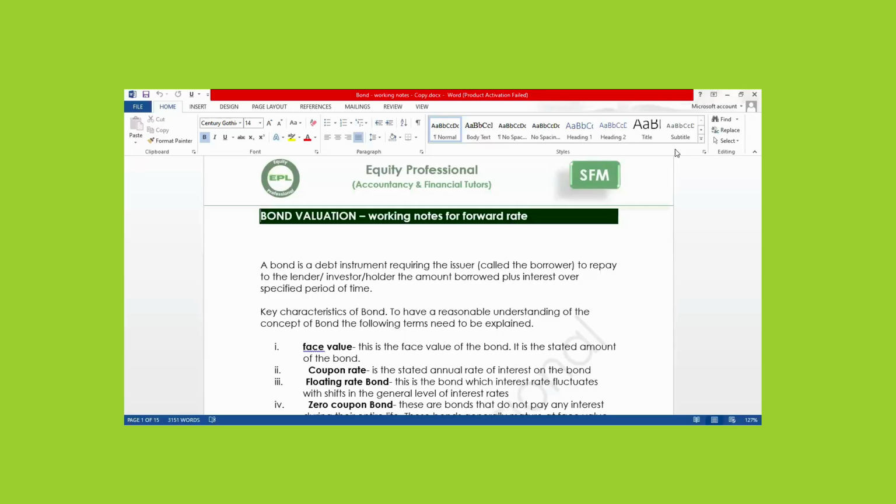If you look at that definition, there are two parties to bond contracts. A bond is a contract between the borrower and the lender. A bond establishes a legal contract between the borrower and the lender.